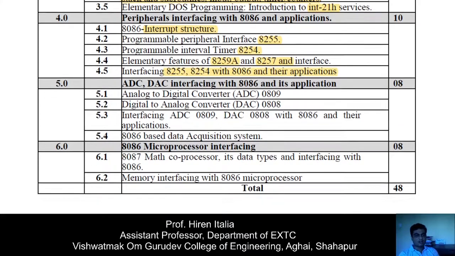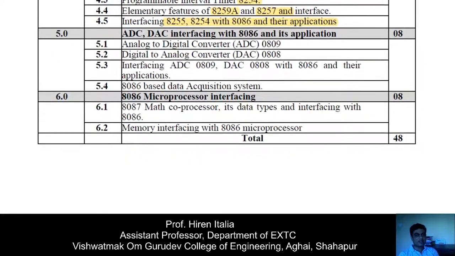Then we have module number 5, that is ADC and DAC, the analog to digital converter and digital to analog converter interfacing with the 8086 and its applications. That includes the ADC 0809 and DAC 0808 and their interfacing with the 8086, and we have to study the data acquisition system also.